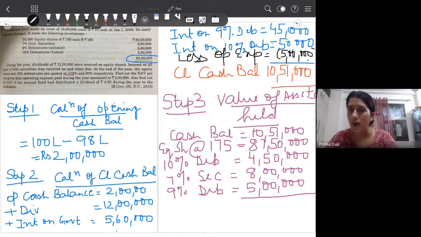Now we need to add up the assets held in step 3. What is the total coming to? Please check.